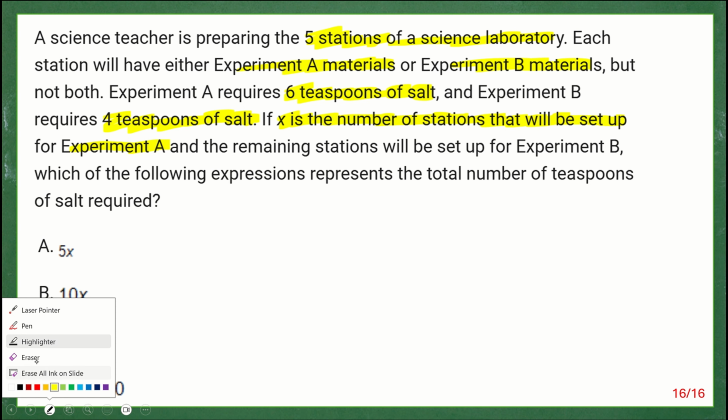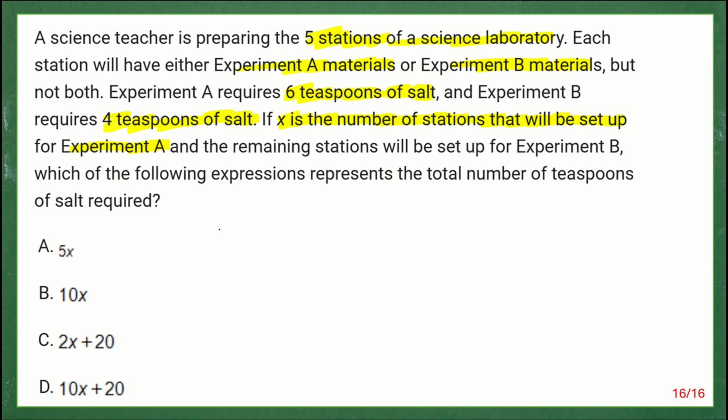Now they are asking, if x is the number of stations that will be set up for experiment A, so let's write this information as well. The number of stations set up for experiment A is equal to x, and the remaining stations will be set up for experiment B. Since we have a total of 5, the remaining will be 5 minus x.